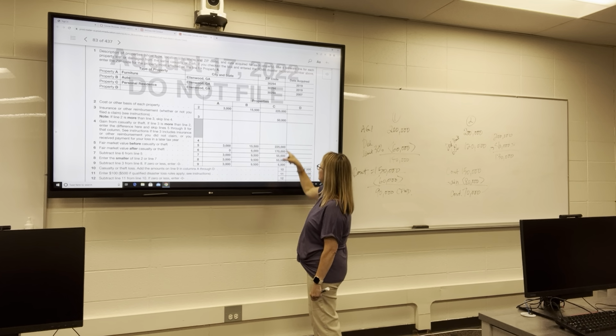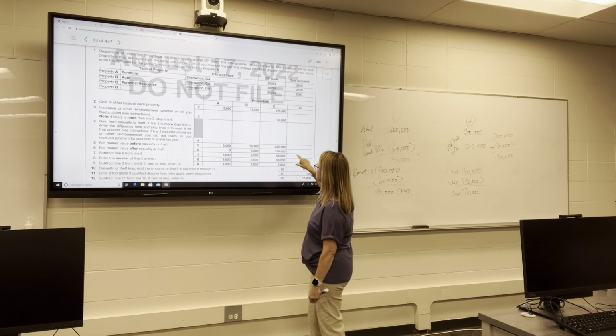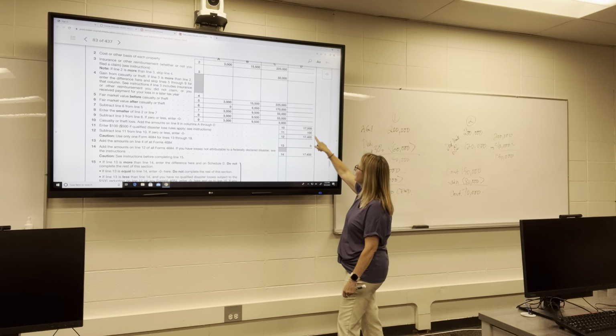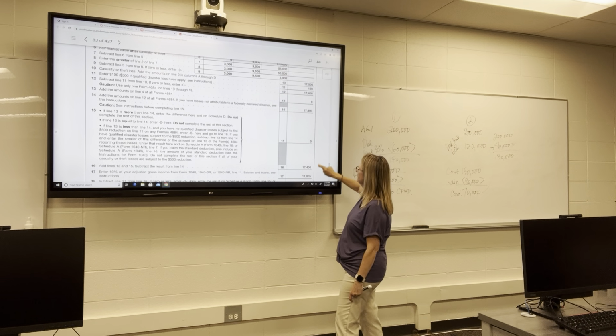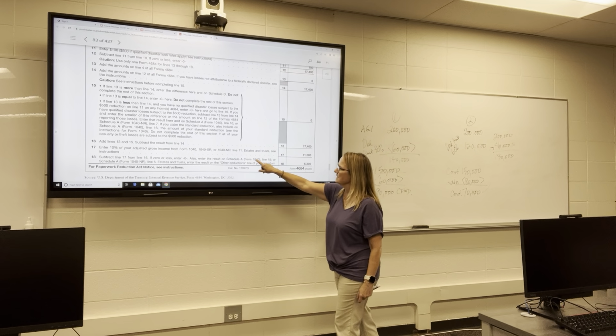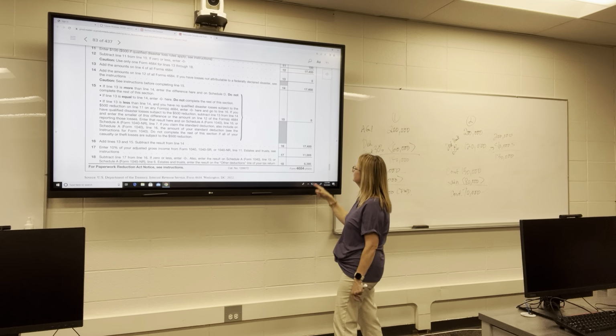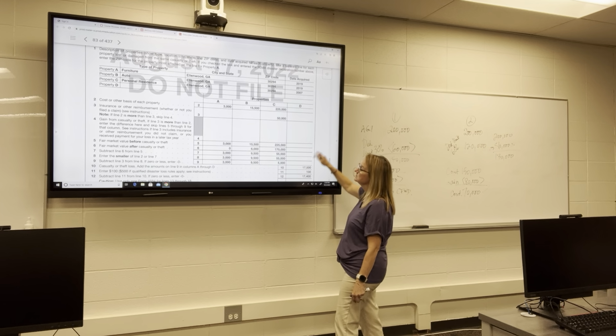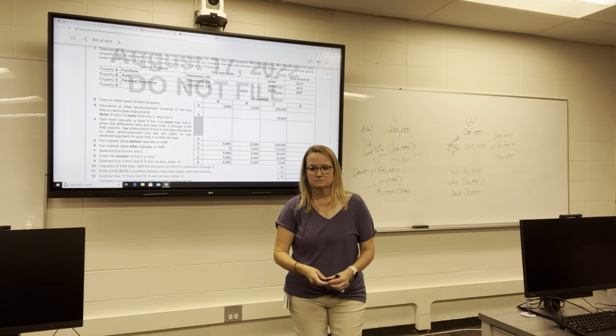For the personal residence, it was only a $5,000 loss because they got insurance reimbursement for most of it, and they didn't have a total loss there either. Then 17,500 minus the $100, and then we take 10% of the adjusted gross income, and $6,395 is what they get to deduct from their taxes.